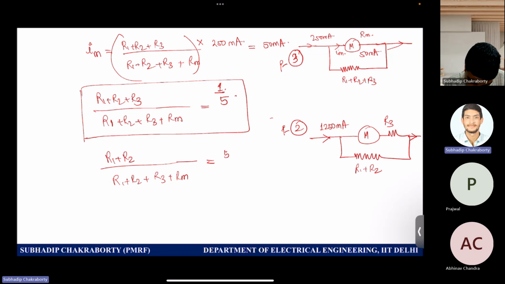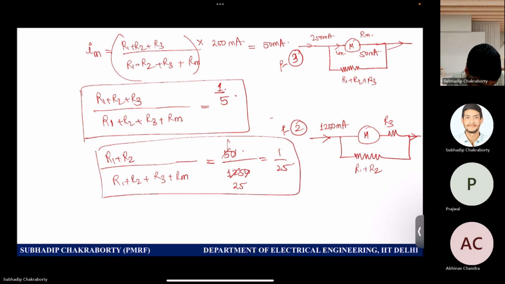And it will come out to be 50 by 1250, which is nothing but 1 by 25. Agreed?